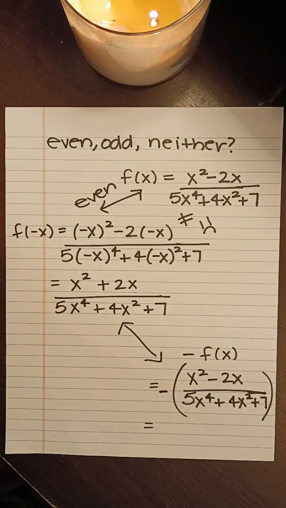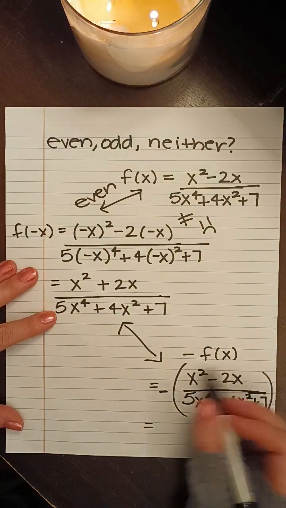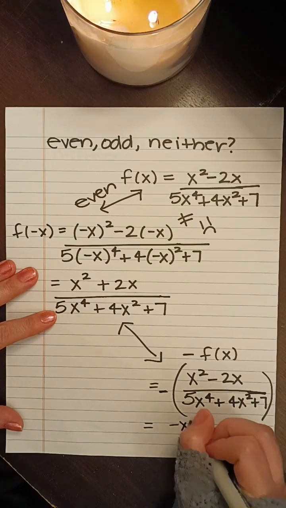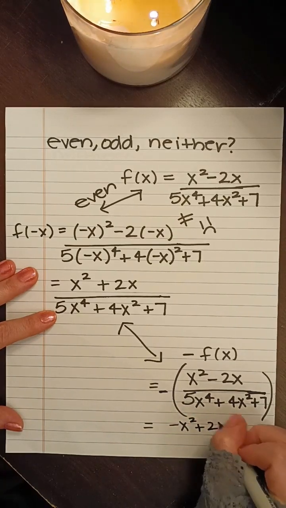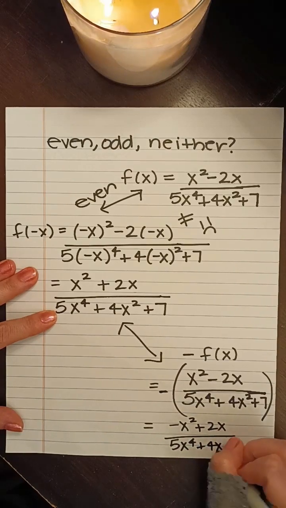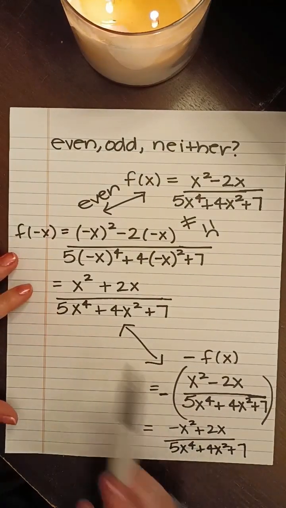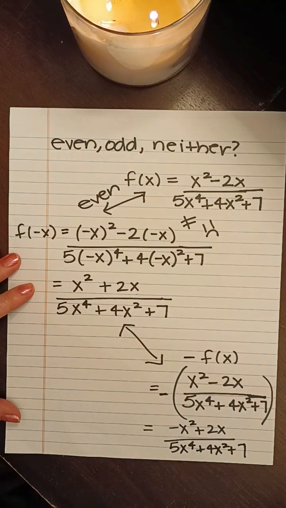So I can multiply that through the numerator. So negative 1 times the numerator, I get negative x squared plus 2x over 5x to the fourth plus 4x squared plus 7. And this is not the same as this, right? We can clearly see that.